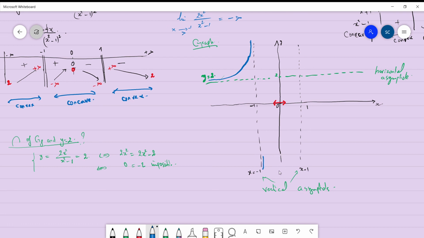Then my function keeps increasing with a concave shape, and attains its local maximum value. So it will have this shape like that. Here it is. And by symmetry, I can use the symmetry and graph my graph.